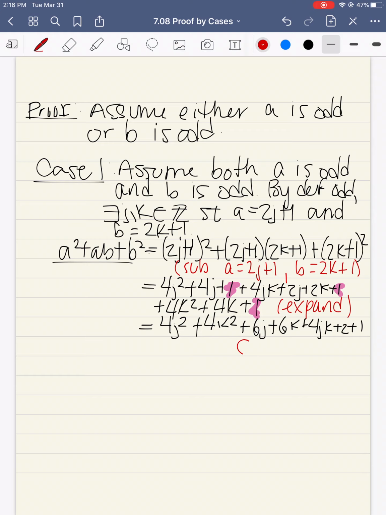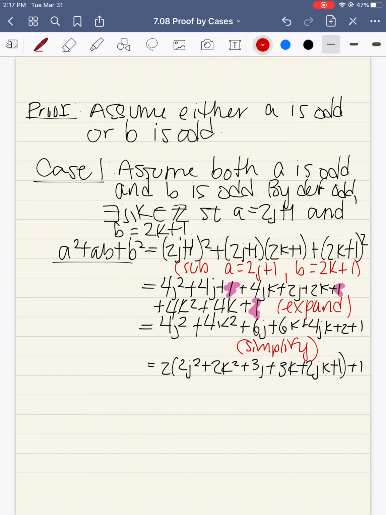So we're just simplifying here. And then from here, I need to factor out my 2 so that I can make this into 2m plus 1. So 2j squared plus 2k squared plus 3j plus 3k plus 2jk plus 1. And then plus 1 on the outside.